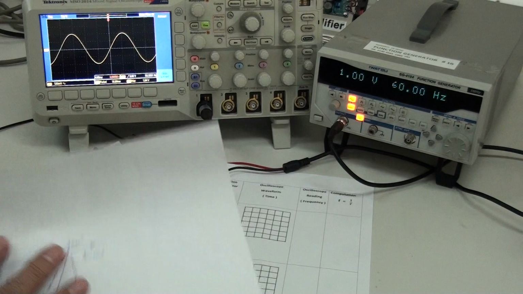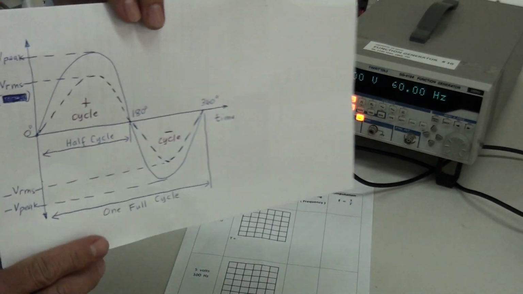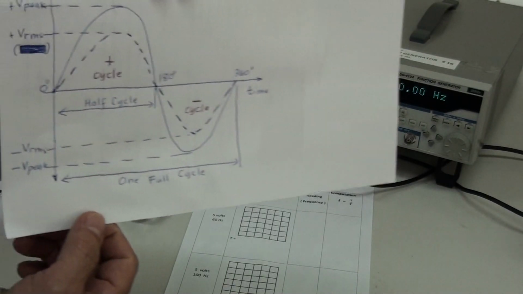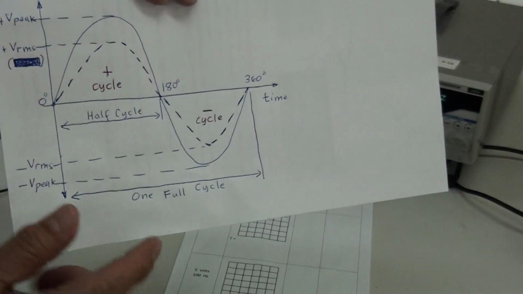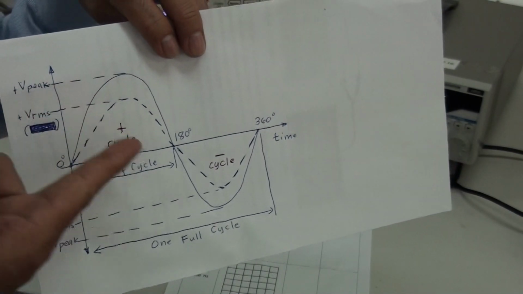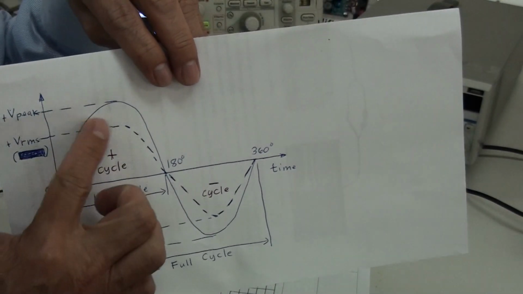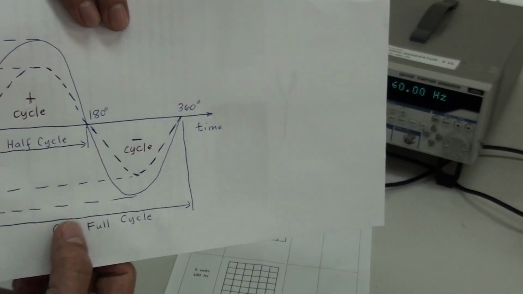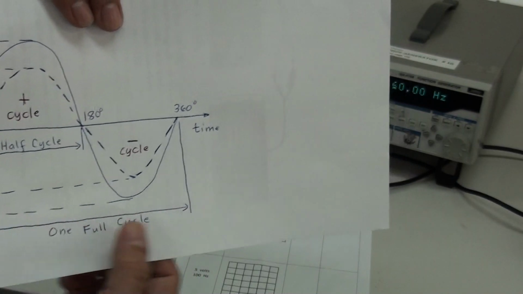Before we proceed, let us review some of the parameters of a sinusoidal waveform. In our previous activity, we measured the maximum voltage, the peak to peak voltage, as well as the RMS voltage. For today, we are going to use the time.